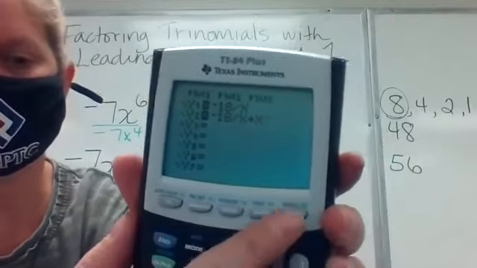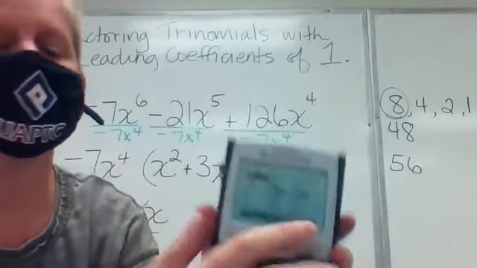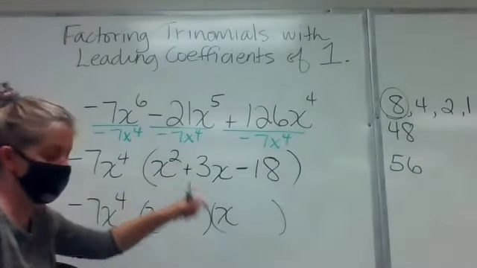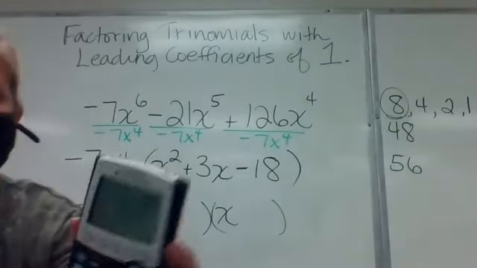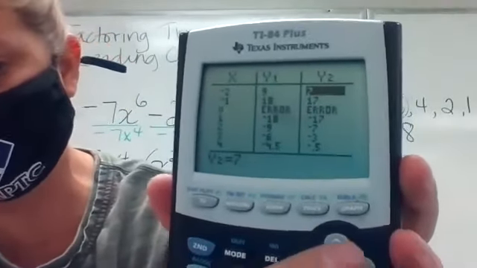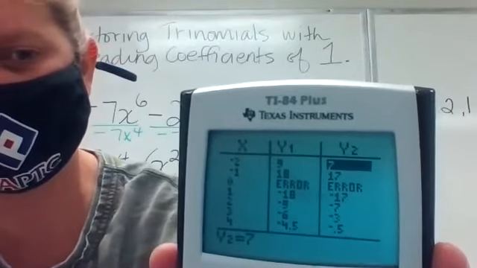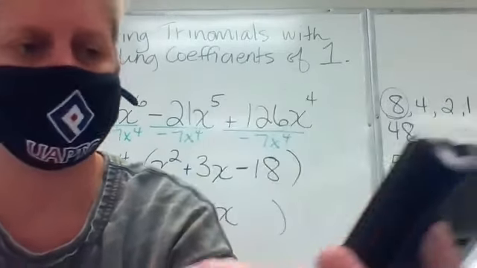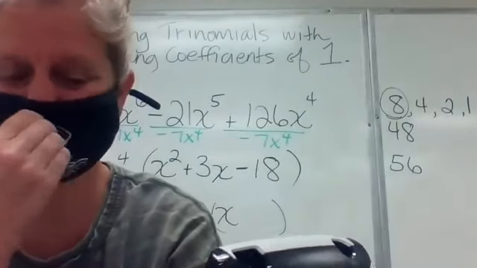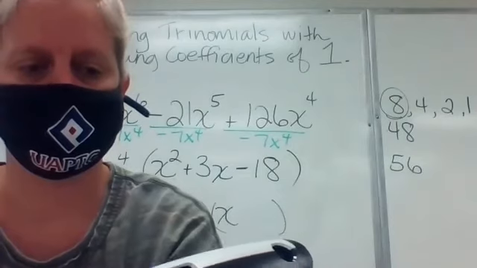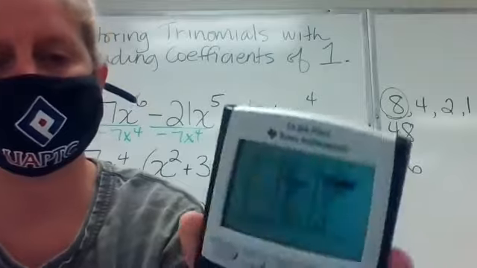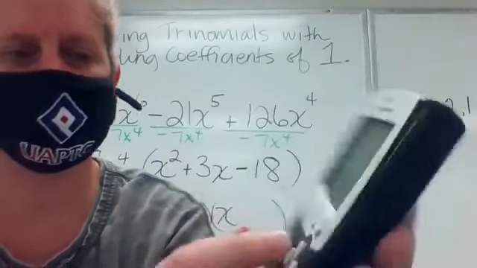Go to your table. Second table. What number are you looking for in your last column? It's right here. Positive 3. So I'm going to go over to my last column. Scroll up or down until I see a positive 3. It looks like I'm going to need to go up. Oh, why is it not doing it?